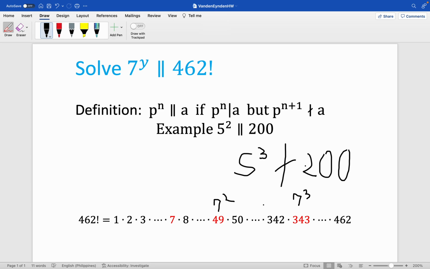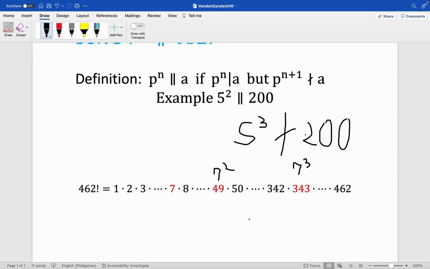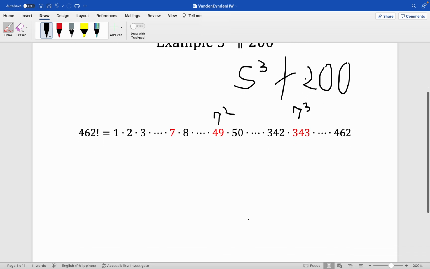There's a lot, okay? So we need some sort of formal machinery to count these multiples, and there's something called the floor function. I guess a lot of you are probably familiar with the floor function, and I'm going to write that out here. Again, we're trying to count all of the multiples of 7 in the expression 462 factorial, and that will be y.